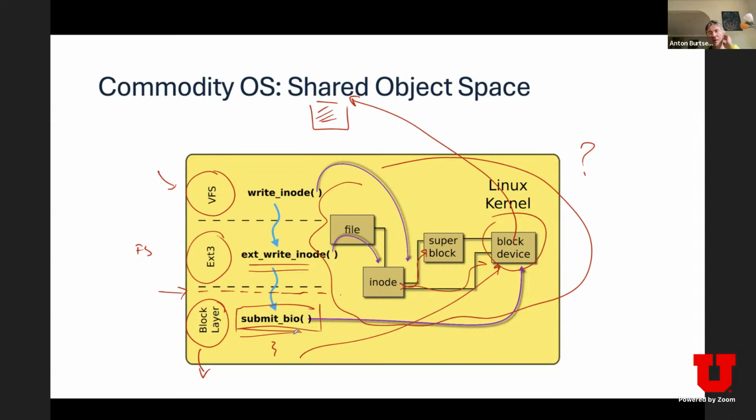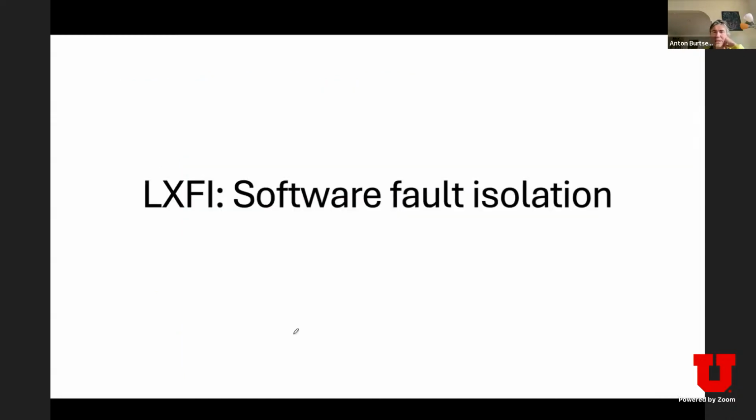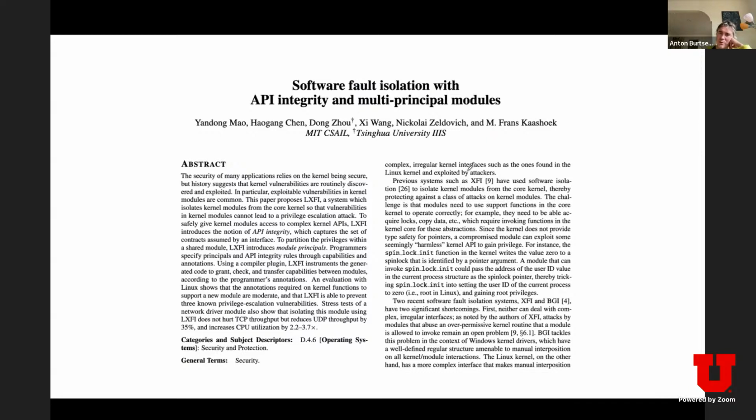Okay, so the first approach which we're going to look at today is something called LXFI. It's work by a team of researchers from MIT, and they use software fault isolation. We talked about it.